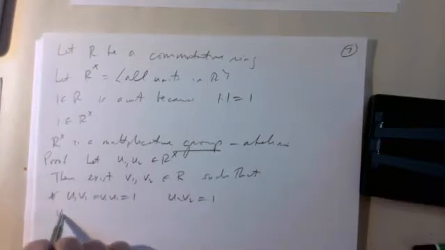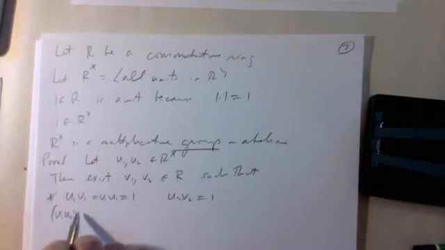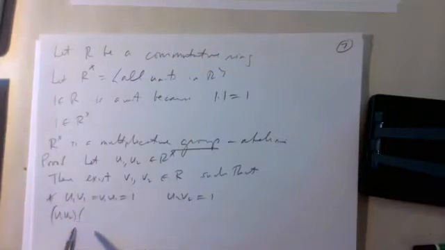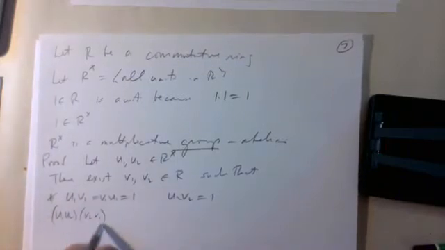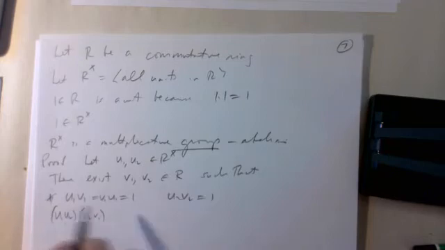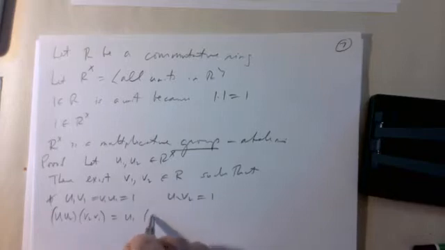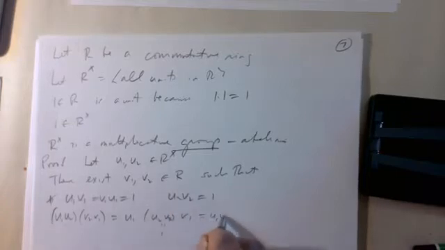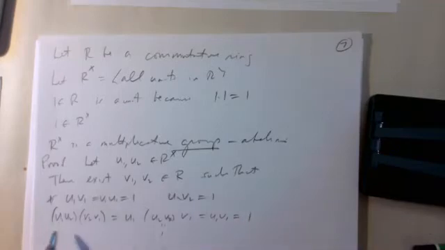So suppose I multiply U1 and U2, and I multiply V2 and V1, and I look at this product. By associativity, this is U1 times U2, V2 times V1. This is 1, so this is just U1, V1, which is 1.